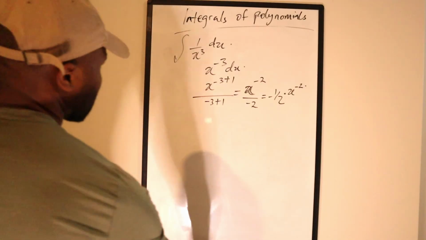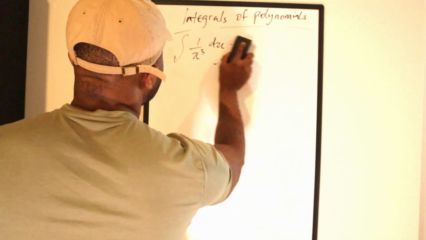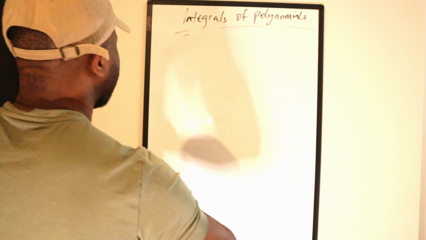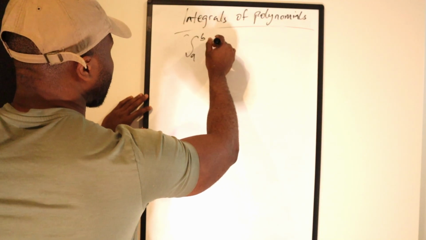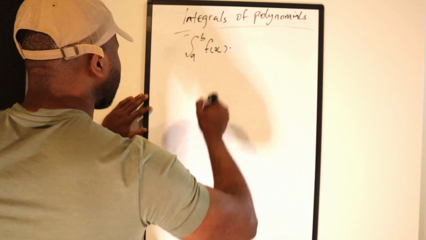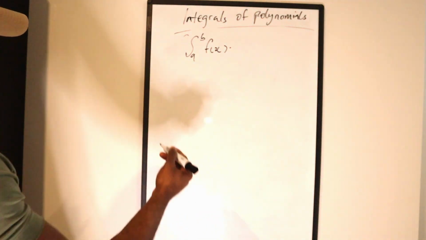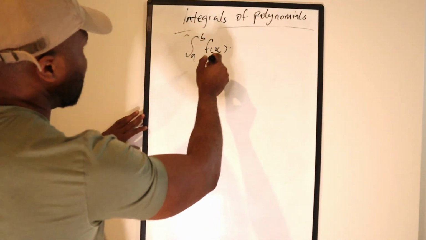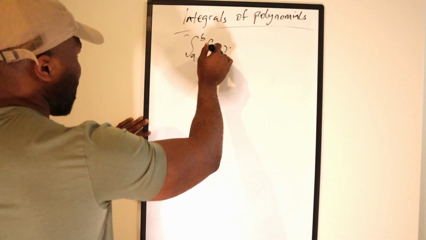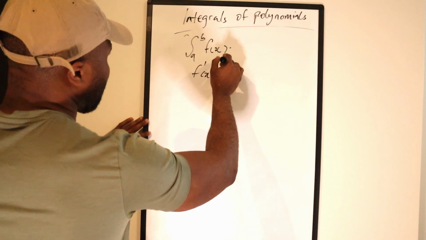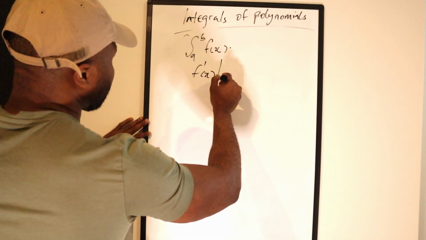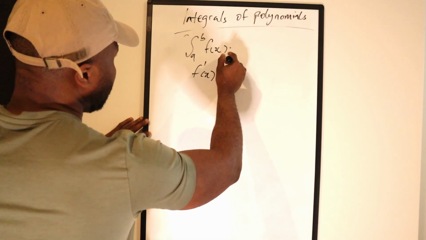Definite integrals: you will see a problem that looks like this, the integral from a to b of f(x). In order to find the definite integral of this, you need to integrate f(x), and you need to apply the limits a and b.